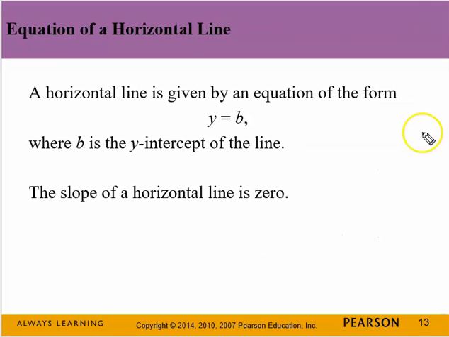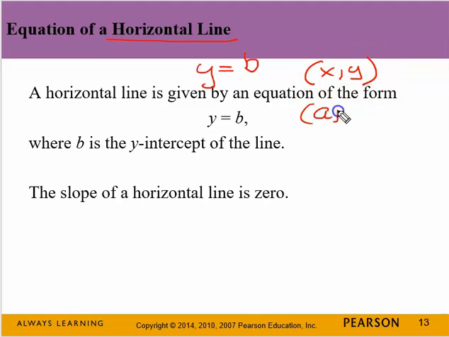Now, continuing with our formulas, there's an equation of what we call a horizontal line. And that is simply y equals the b value. Now, often we can think of the ordered pair as x comma y, but sometimes we use a comma b, where the a would be the x and the b would be the y.